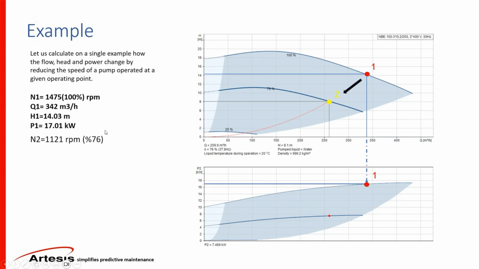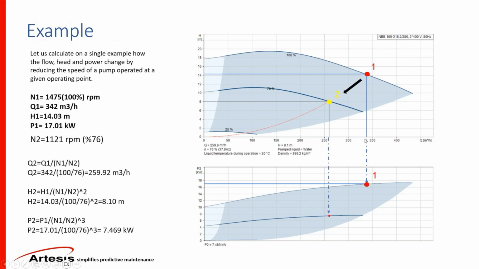Let's assume that we want to reduce the speed to 1121 RPM. This is a 24% decrease in speed. That will move the flow rate from 342 to 259.